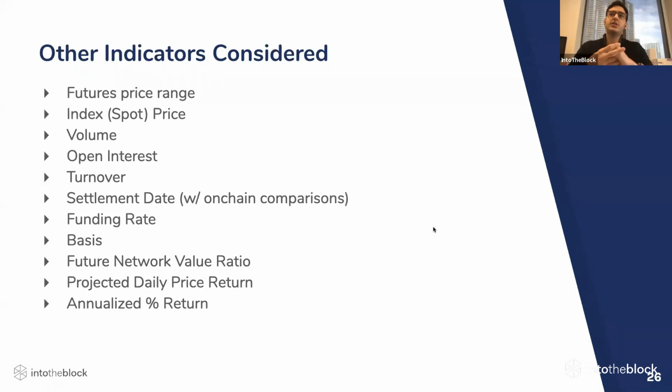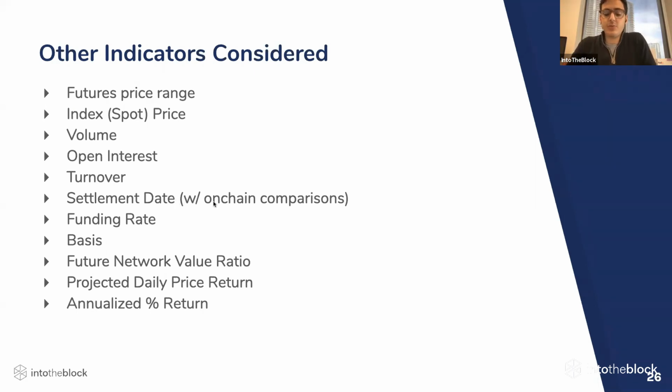Other indicators that we're looking to launch with our future release is the futures price range. So essentially the low and high prices for the day or 52 weeks. The index spot prices, of course, volume, open interest, and the settlement dates.